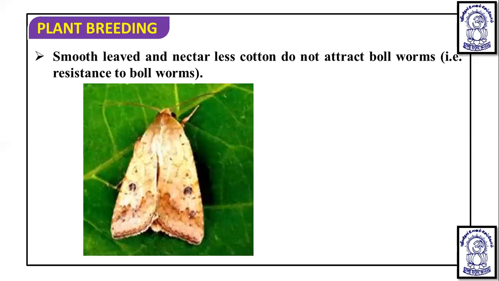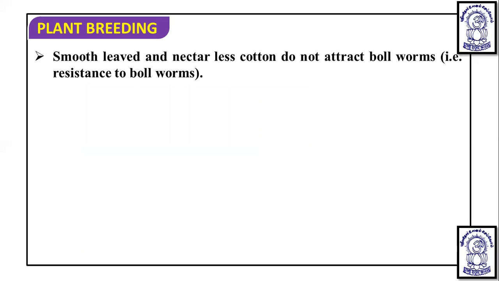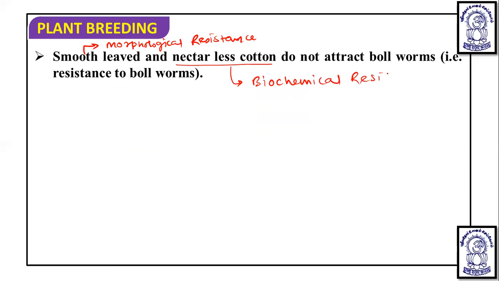So a smooth leaf is a morphological type of resistance, but absence of nectar, or nectarless cotton, is a biochemical resistance.